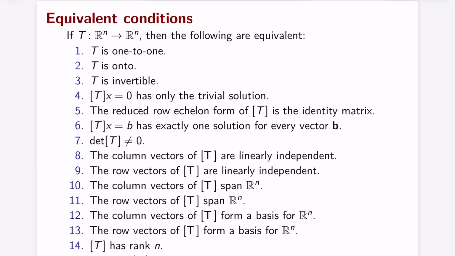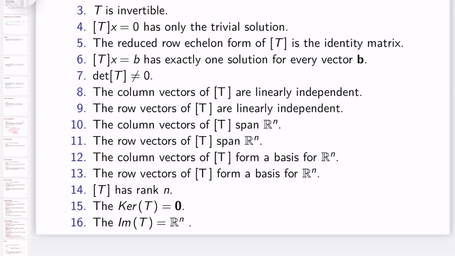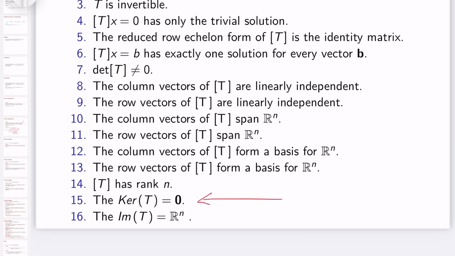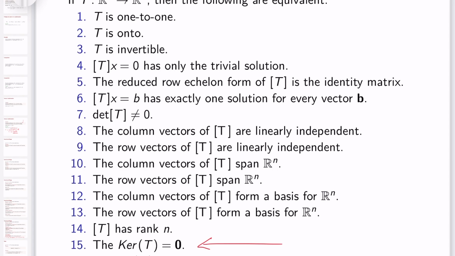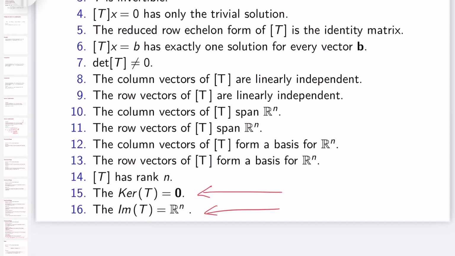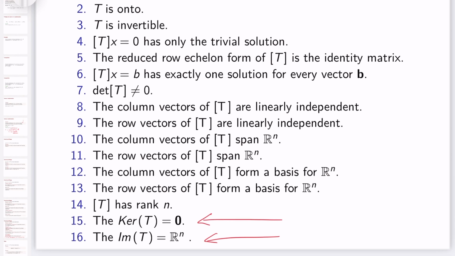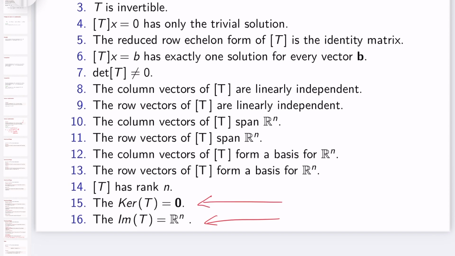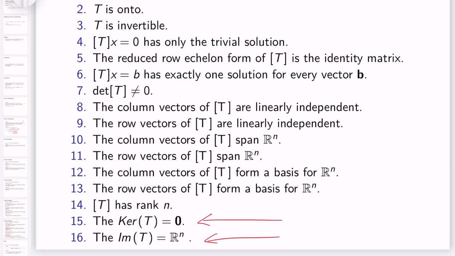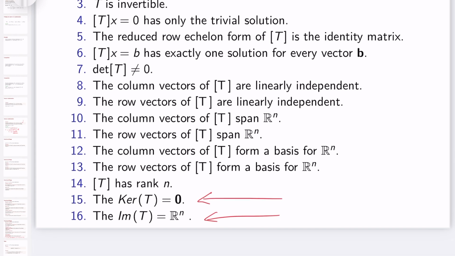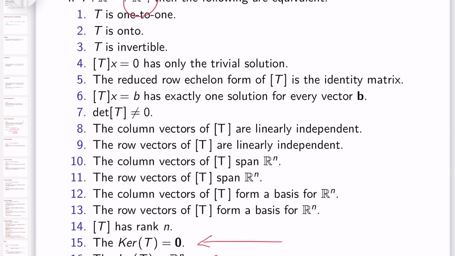It's also equivalent to saying that the rank of the matrix is n, and also equivalent to the kernel of the transformation being 0 and the image of the transformation being the whole codomain, right? So this is the same thing as being injective and surjective. And it's also equivalent to saying that the transformation T is an isomorphism.